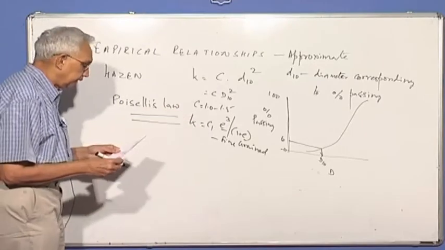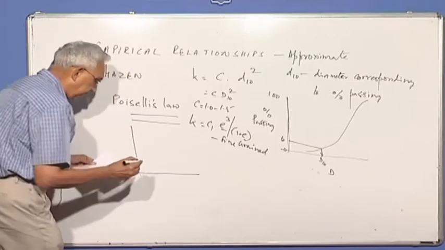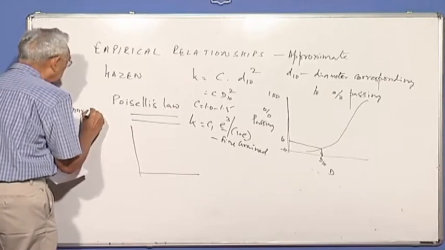Based on again this Hazen's equation, we have several tests done later. I think one group is Kenny and his co-workers.